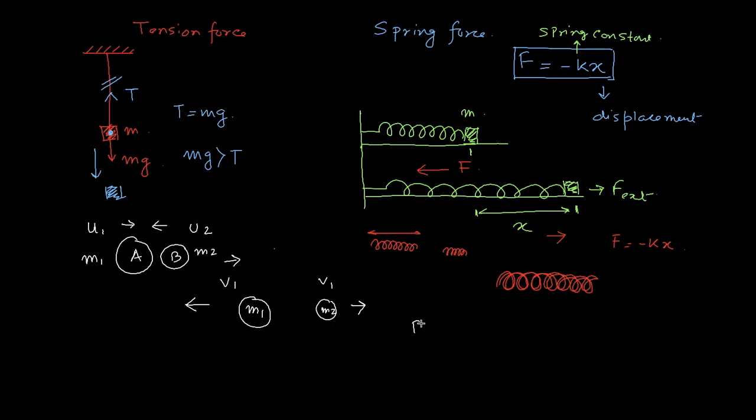What is momentum? Momentum is a vector quantity, p is equal to m into v. So m1 u1 plus m2 u2, the momentum before collision, is equal to m1 v1 plus m2 v2. This is the conservation of momentum.